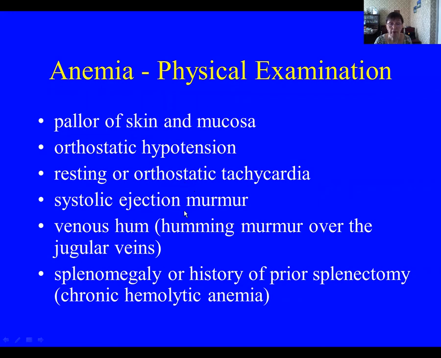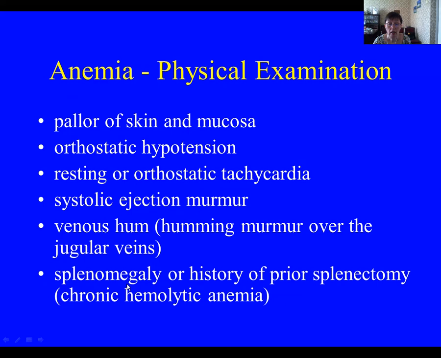Then we proceed with auscultation, and we may hear a systolic ejection murmur over the heart area. We can also auscultate the jugular veins, and in some serious cases we can hear the so-called venous hum, or humming murmur, over the jugular veins.